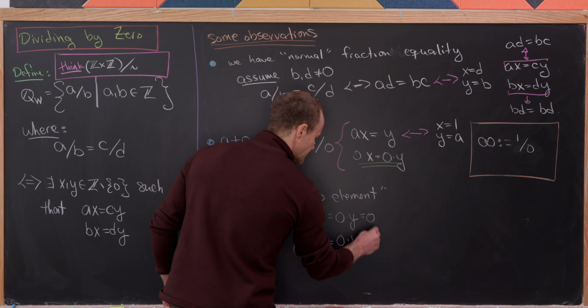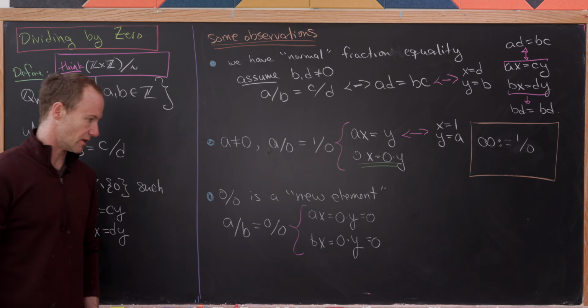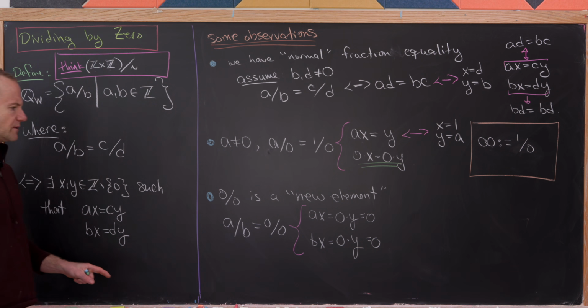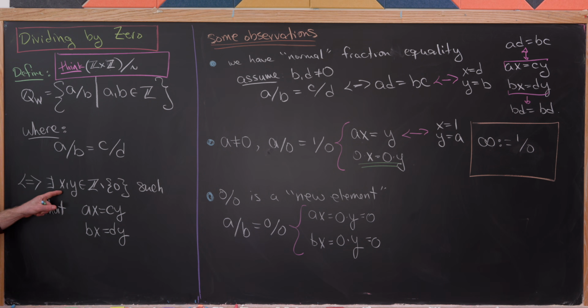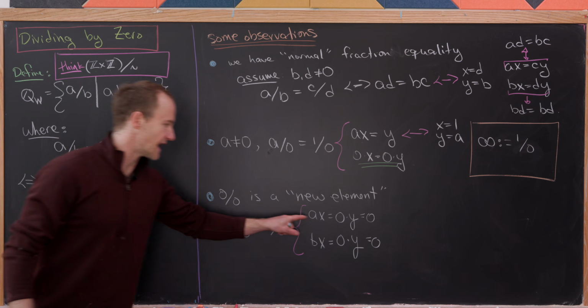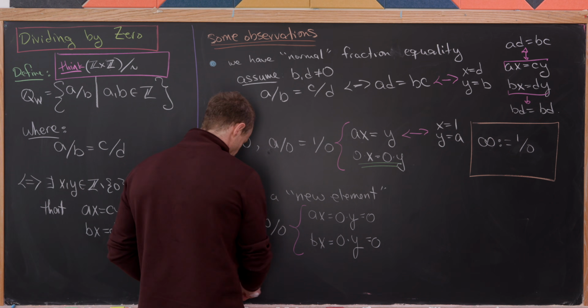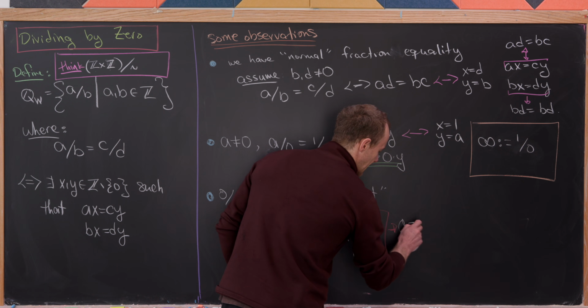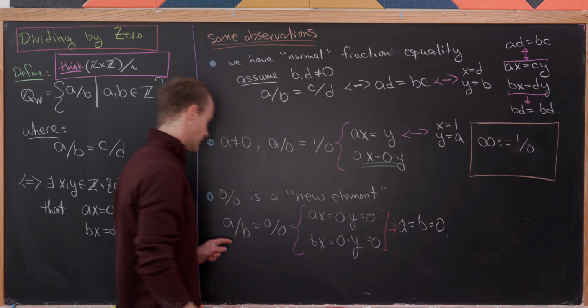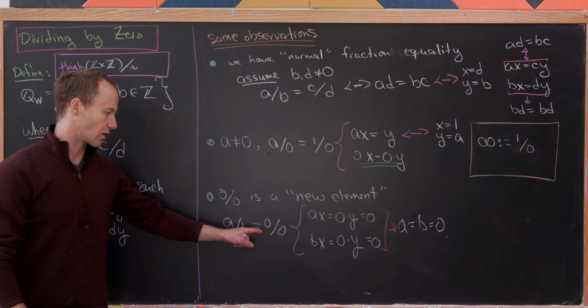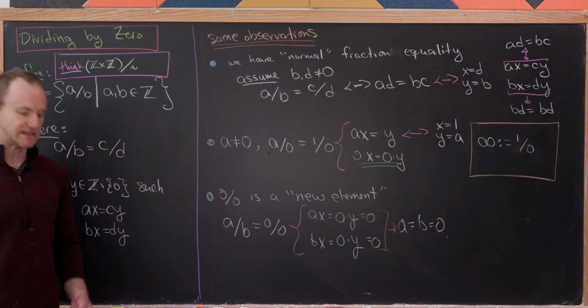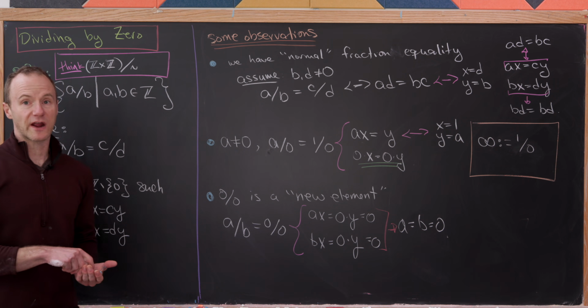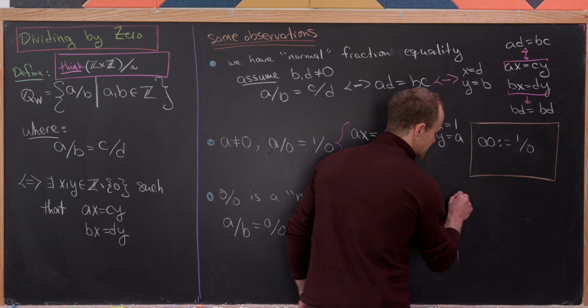But notice 0 times y in both of those cases is equal to 0. Oh, but observe that we assumed that x was non-zero. So since we have ax equals 0 and bx equals 0, that quickly implies that a and b are 0. So in fact, we have our original thing there, which was just 0 over 0.